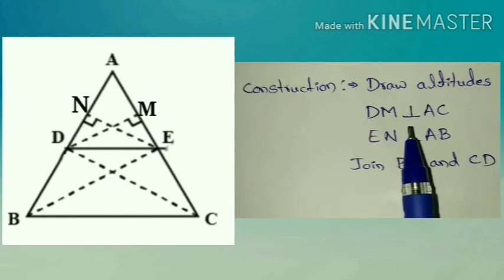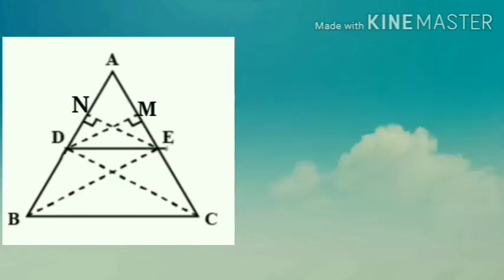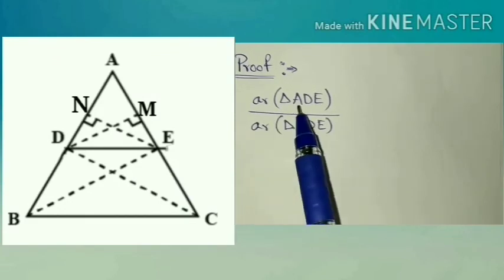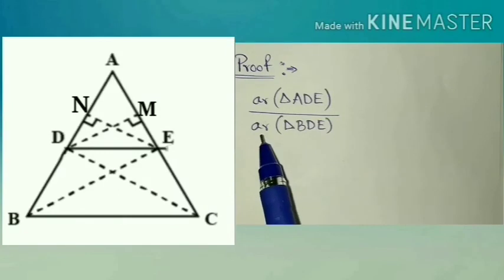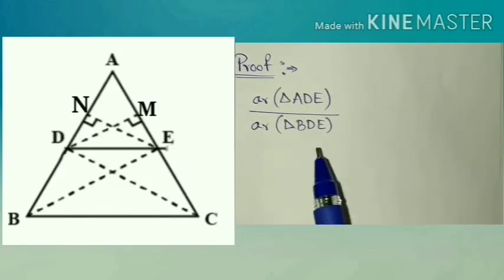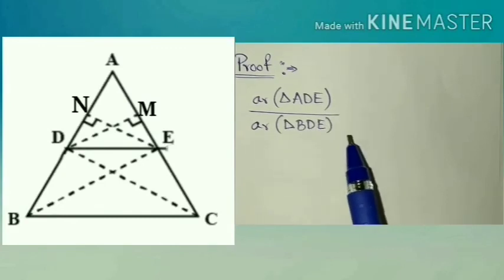By drawing the perpendiculars, we can get the ratio of the areas of those triangles.